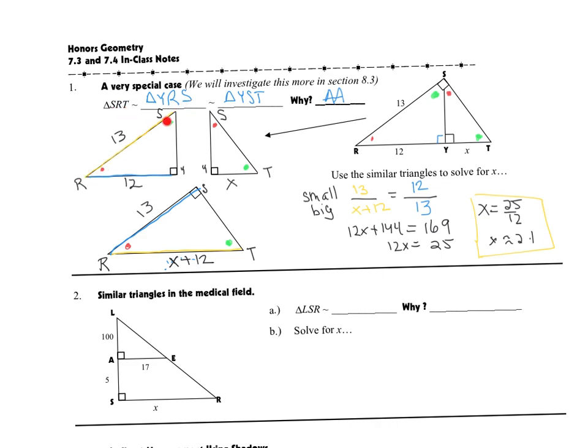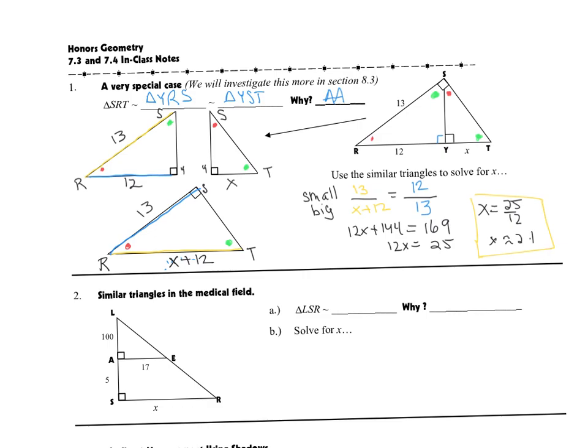That's how I knew SR to RT, and so that's how I have this first one, 13 over X plus 12. Then the next part here is 12, and that is RY, which should be in proportion to SR. So that's how I knew this was going to be 12 and this was going to be 13. So I'm going to have 12 to 13. After that, it's just a cross multiply and then solve the equation. We end up with 25 over 12, which is approximately 2.1.